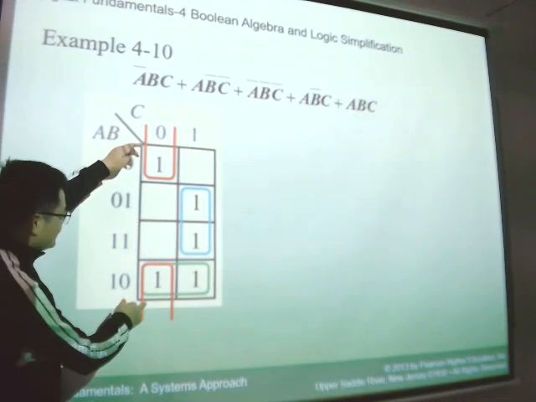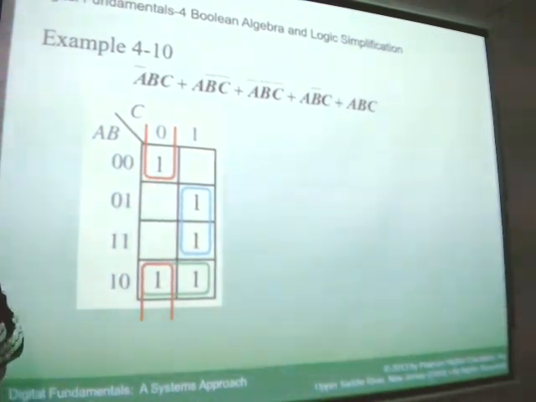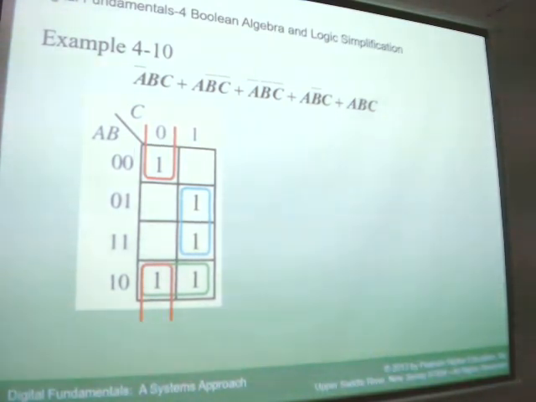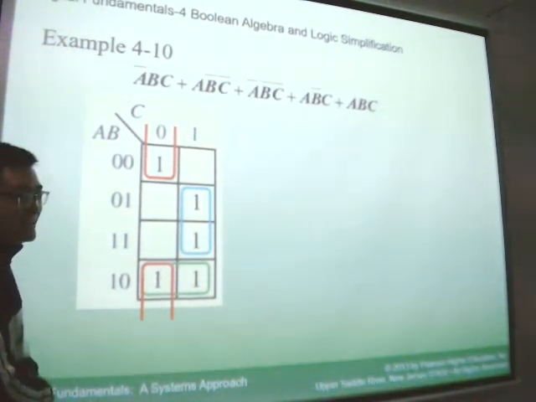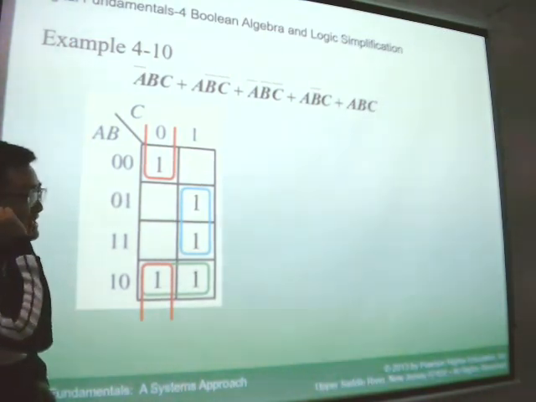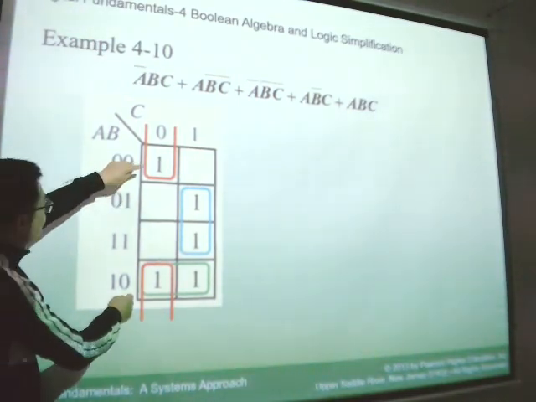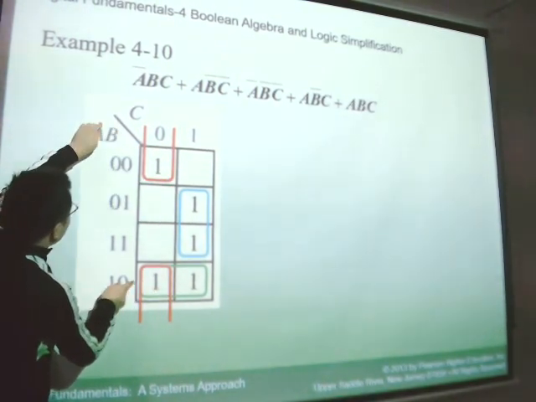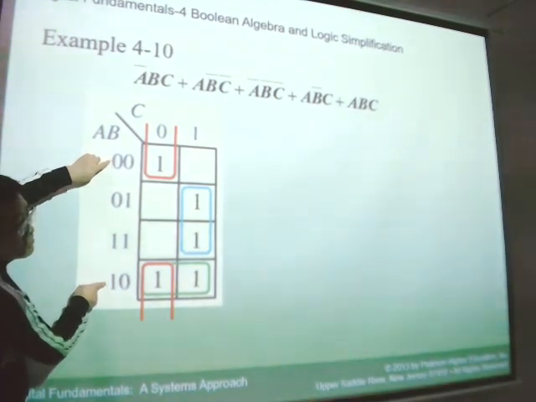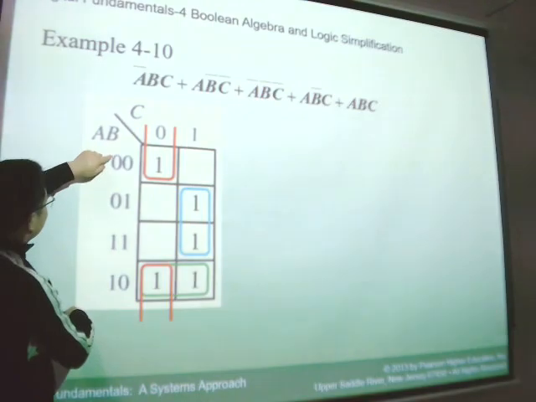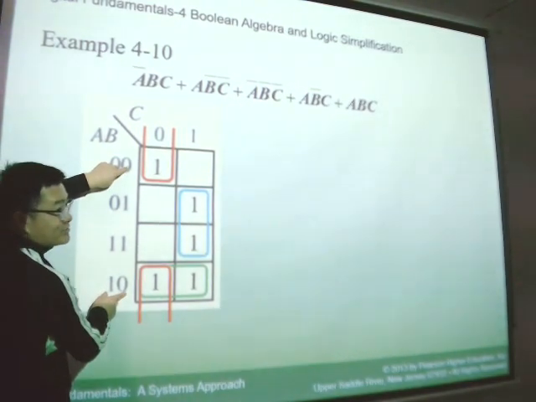Okay, listen. For this group, what is the minimum product term? Do you find the reason? For these two cells, A changes, it is 0 and 1, so it is eliminated. B is always 0.